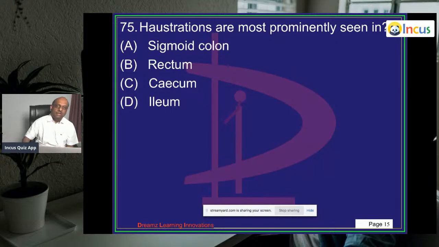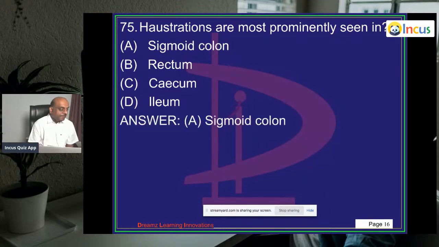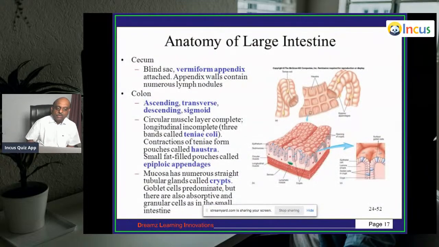Haustrations, radiologically also, haustrations are most prominently seen. Where do you see them? Keep punching the answers. Sigmoid colon. So if you look at the anatomy of the large intestine, you have the cecum, colon.